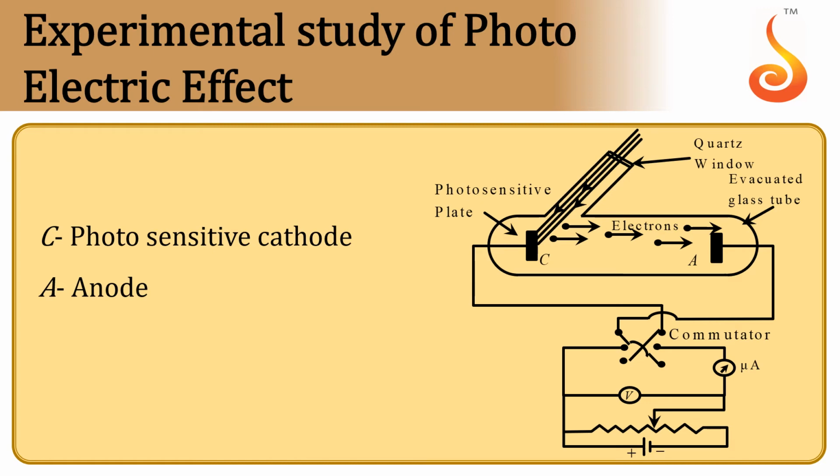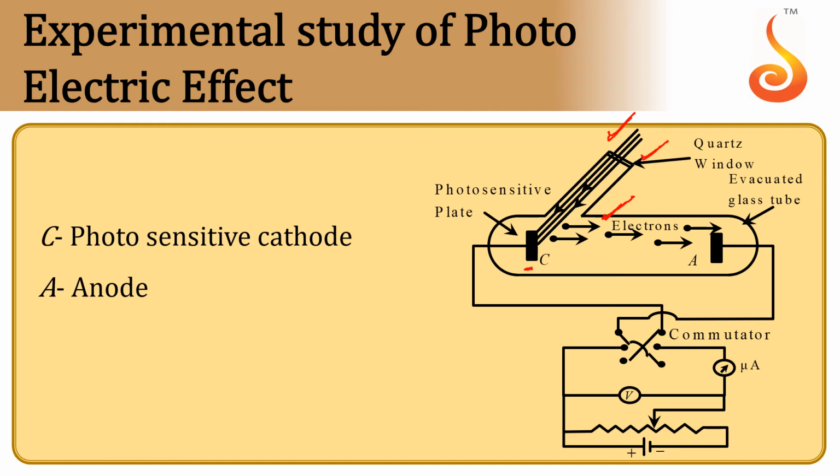This arrangement consists of an evacuated glass quartz tube, and it encloses a photosensitive plate C, which is the cathode, and another metal plate A, which is the anode. A quartz window W is sealed on the glass tube, which permits the ultraviolet light to radiate the plate C.